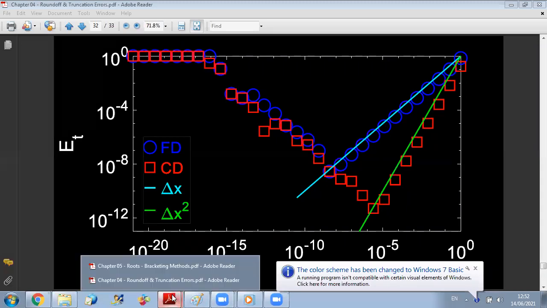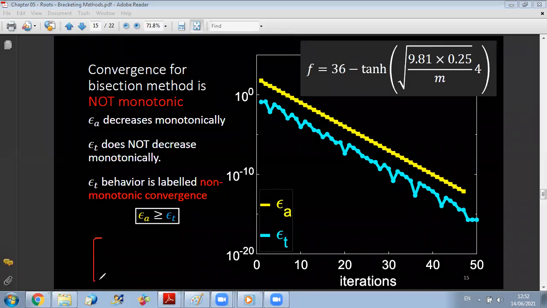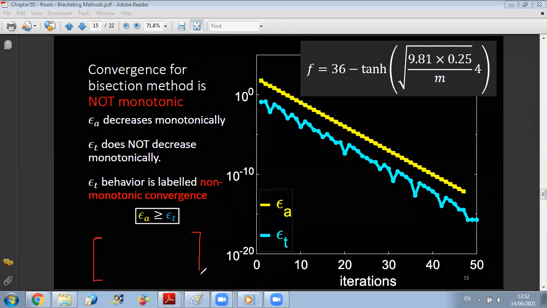So we were talking here, we were explaining why the approximate error is always larger than the true error. Because consider that I have at a certain stage, let's say this is the position, this is my x estimate of the root at iteration i.